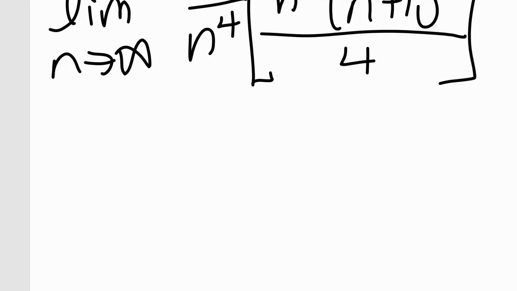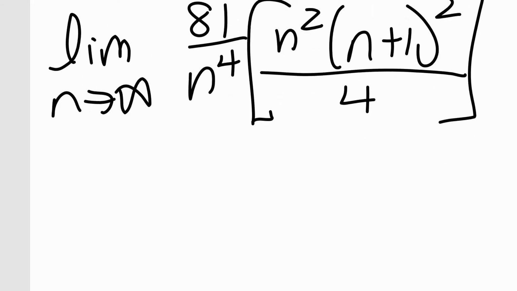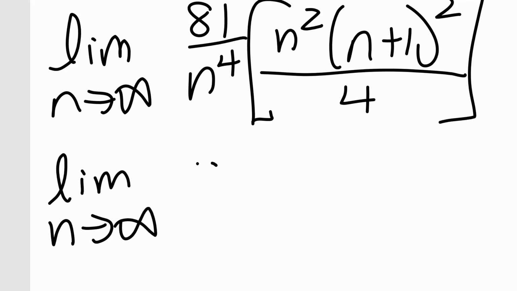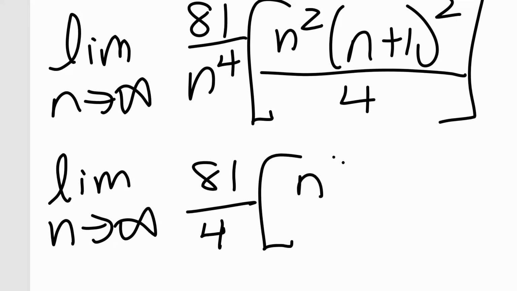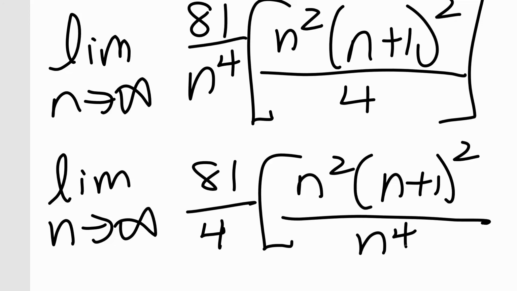I apologize again, it's my first time really working with this. Get our constants out front and my variables inside. So I get the limit as n goes to infinity of 81 over 4 times n squared times (n plus 1) squared all over n to the 4th.